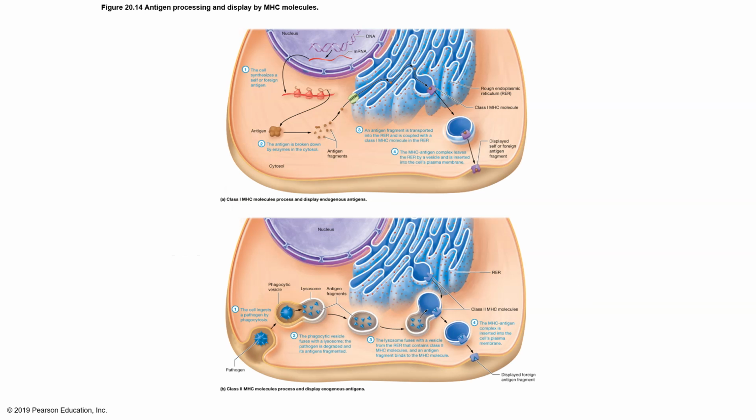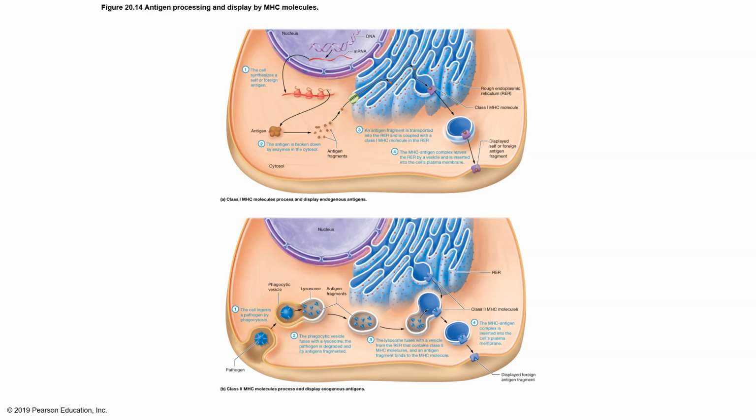So this is an image: figure A is a class 1 MHC molecule being processed, and it shows how that class 1 MHC molecule is processed and then displays that antigen onto its surface. Remember, these are endogenous antigens. They're present on all nucleated human body cells.